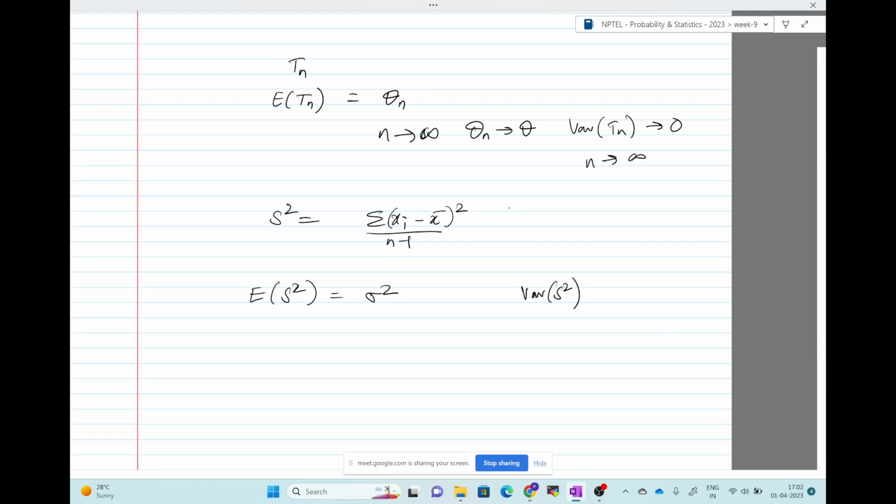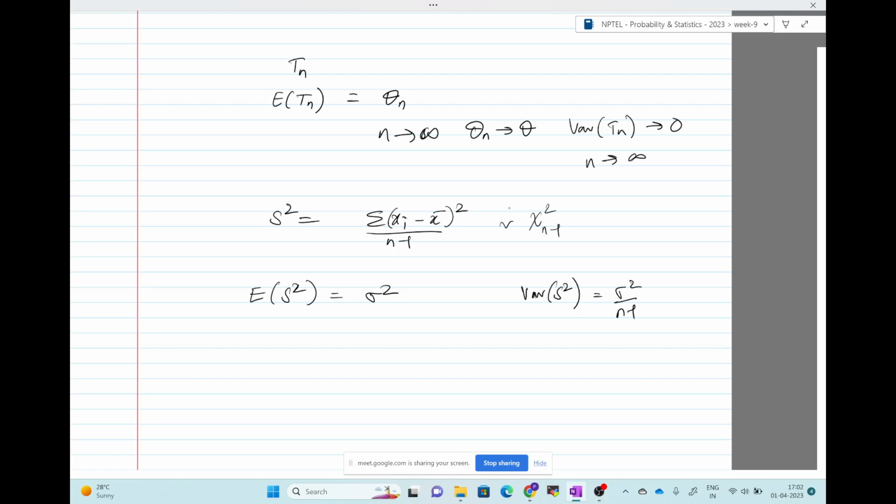Sir, (n minus 1) S square by sigma square follows the chi-square distribution with n minus 1 degrees of freedom. So variance of S square is sigma to the power 4 by n minus 1.